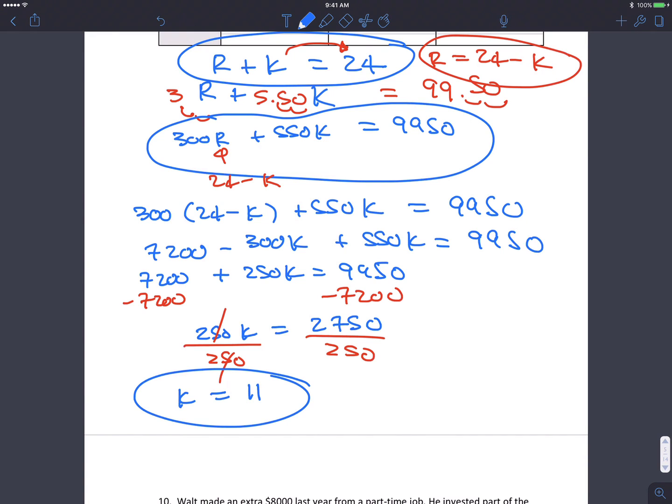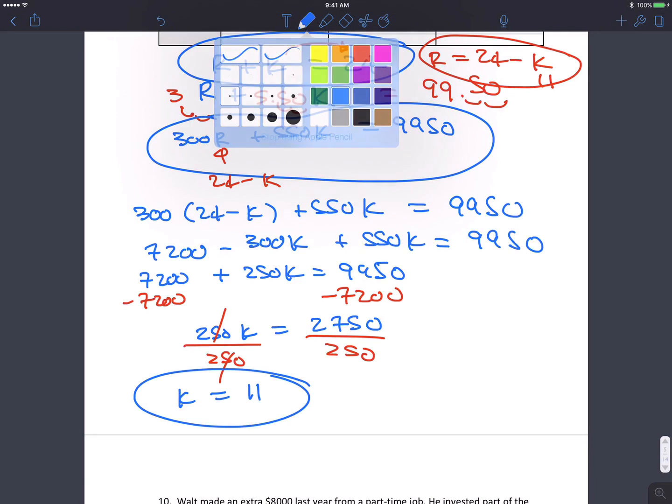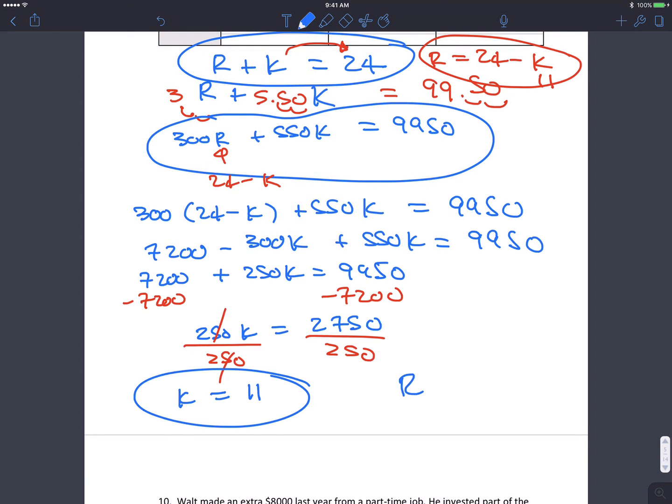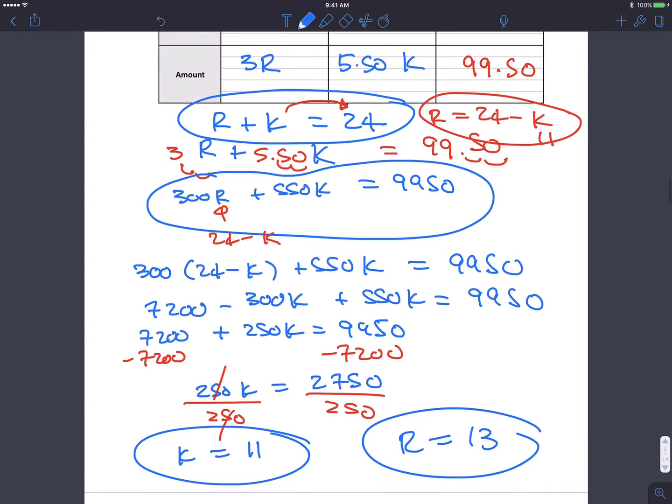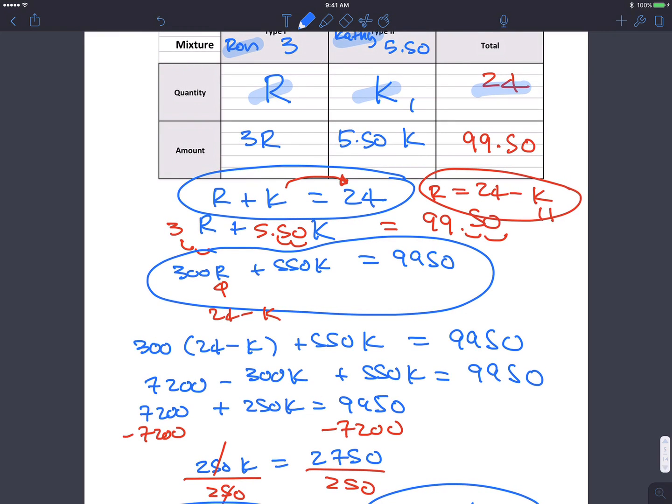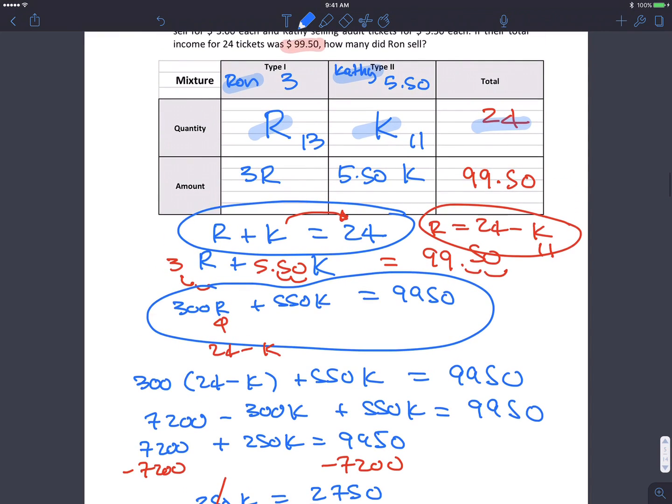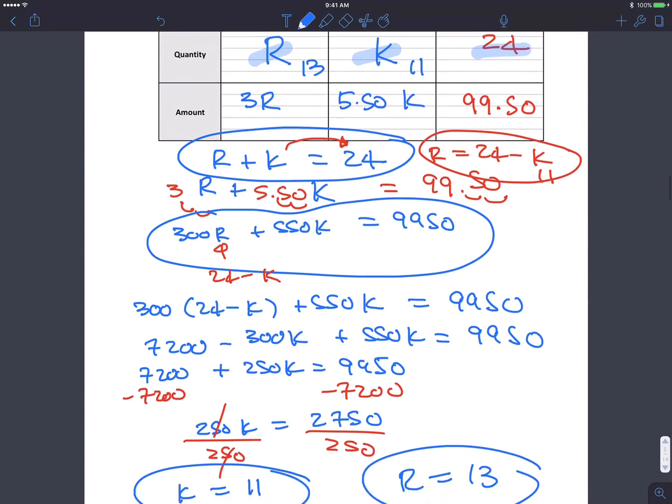Kathy sold 11 tickets. Back substitute. 24 now for the number of tickets Ron sold. 24 minus 11 gives us 13. So Kathy sold 11 tickets. Ron sold 13 tickets for a total of 24 tickets. All right.